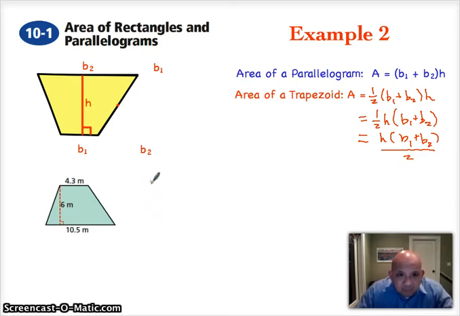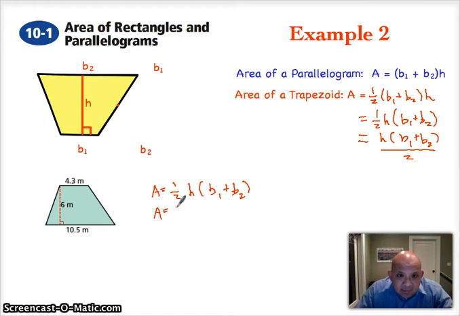Let's go ahead and find the solution for this. If we write down area equals half the height times the sum of base 1 plus base 2, and then we go to this trapezoid and simply replace the variables with constants.